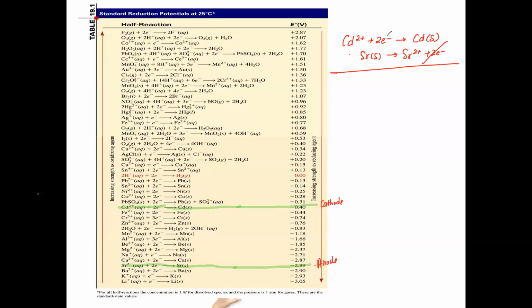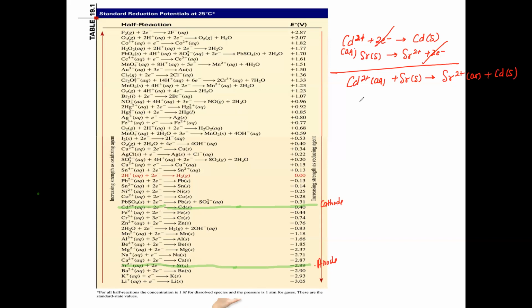What's the redox reaction? Add these two half reactions. Oxidation half reaction combined with cadmium ions in the solution, plus strontium solid giving you strontium 2 plus and cadmium solid.